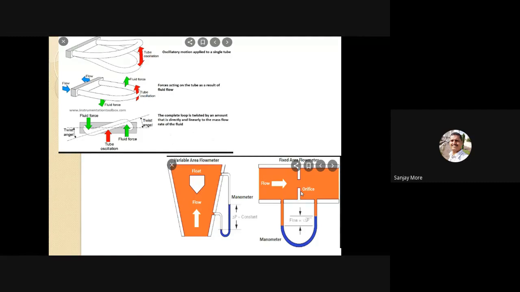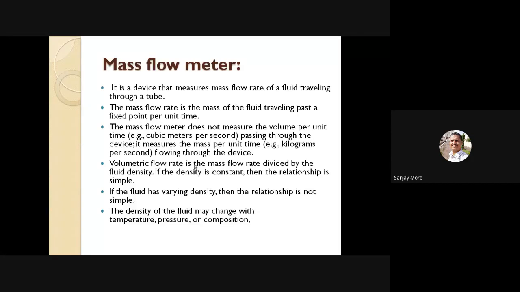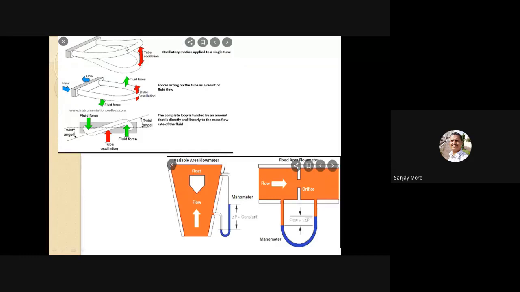Okay, see the mass flow meter. Basically, mass flow meters are used to measure the mass flow rate of fluid traveling through the tube. Here, this is an evacuated tube, and the fluid flows through it. When the fluid pressure is increased, this tube will oscillate.